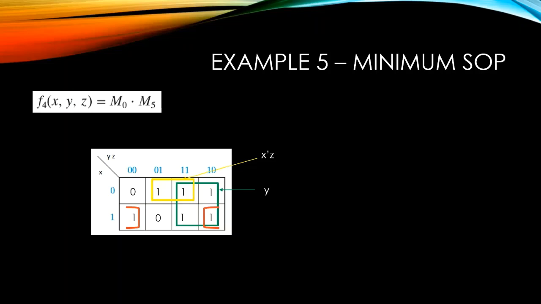For the red, x didn't change and z didn't change within the group, but y changed. So xz will represent the red. X is 1, z is 0, therefore x z not. And just OR these three to get the simplified SOP.